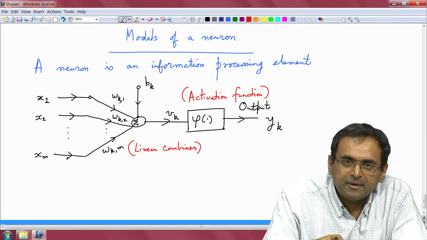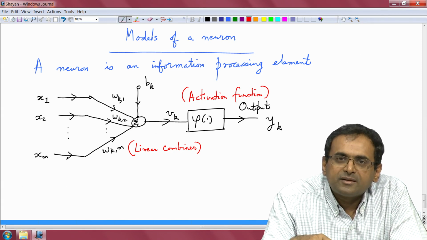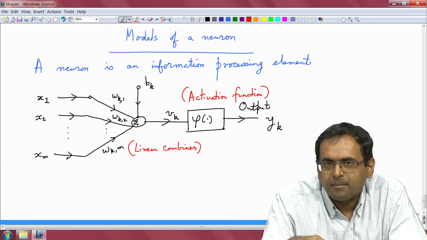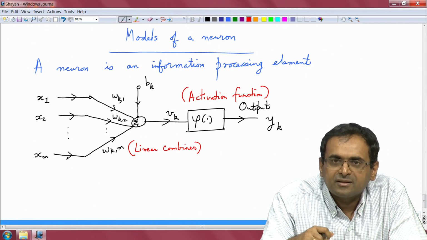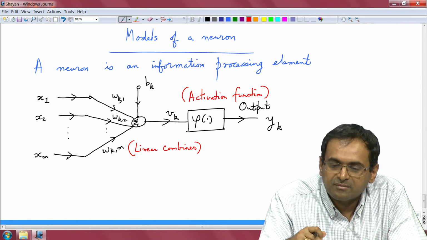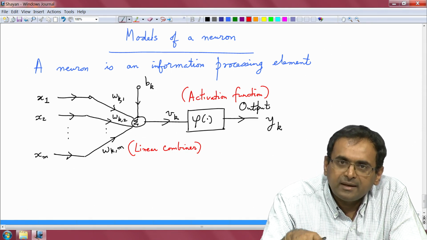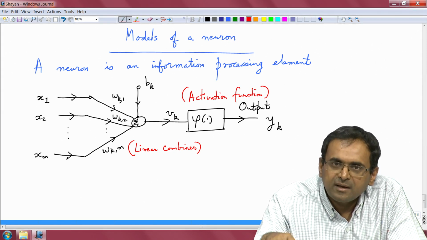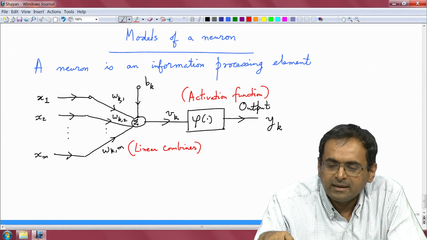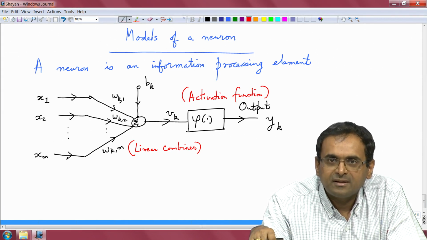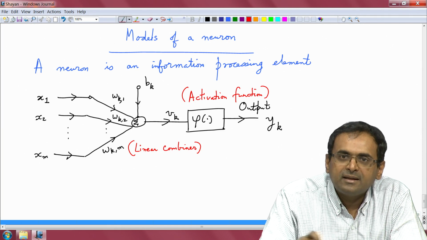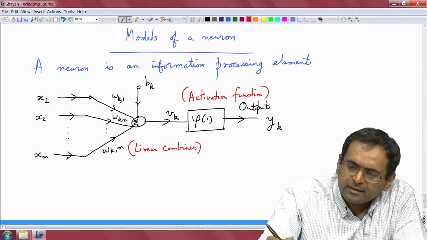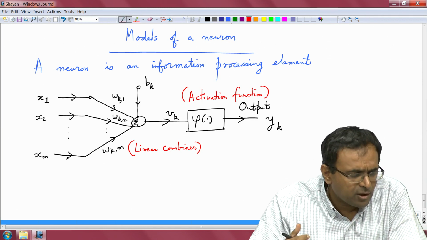So, I basically collect all the stimuli, scale them with the appropriate weights, and I add a bias. This is where I can adjust the firing of this neuron, I can control this bias, and this linear signal that I have, I pass it through an activation function which is non-linear typically, and then I have an output response, right. This is an abstract model for a neuron, and it has some biological plausibility.